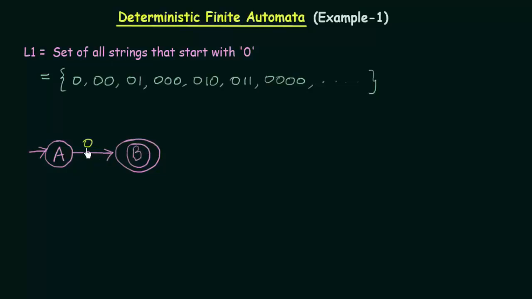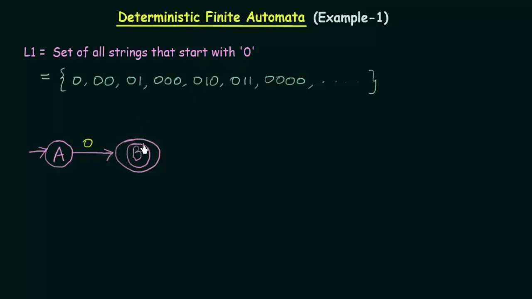Whenever a string reaches the final state, that means that string is accepted. And whenever a string does not reach the final state, it is rejected. So whenever I'm starting with 0, it should reach the final state because it should be accepted. Why? Because I am to design a DFA for all strings that start with 0.